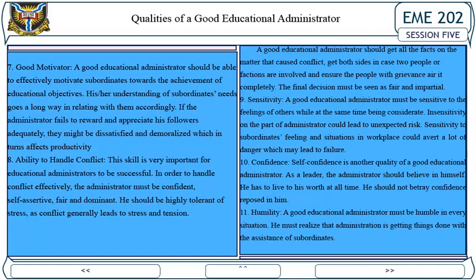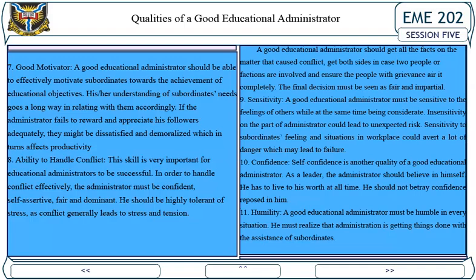8. Ability to handle conflict. This skill is very important for educational administrators to be successful. In order to handle conflict effectively, the administrator must be confident and self-assertive, fair, and dominant. He should be highly tolerant of stress, as conflict generally leads to stress and tension.